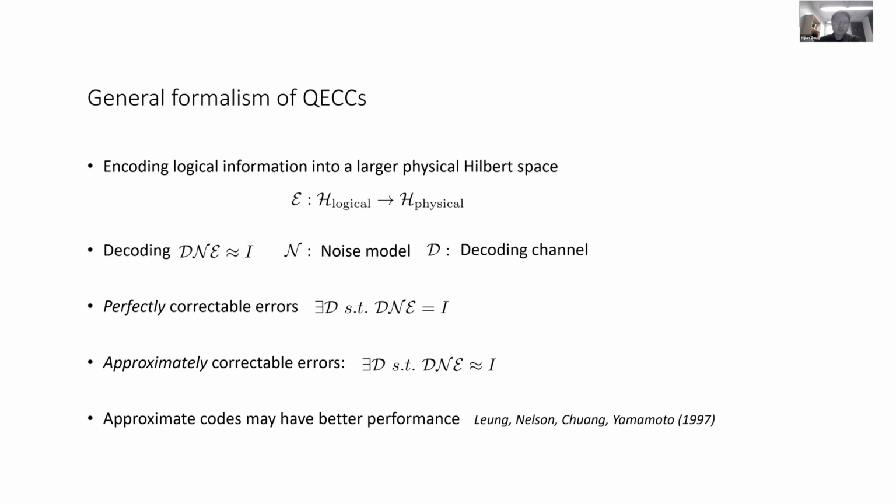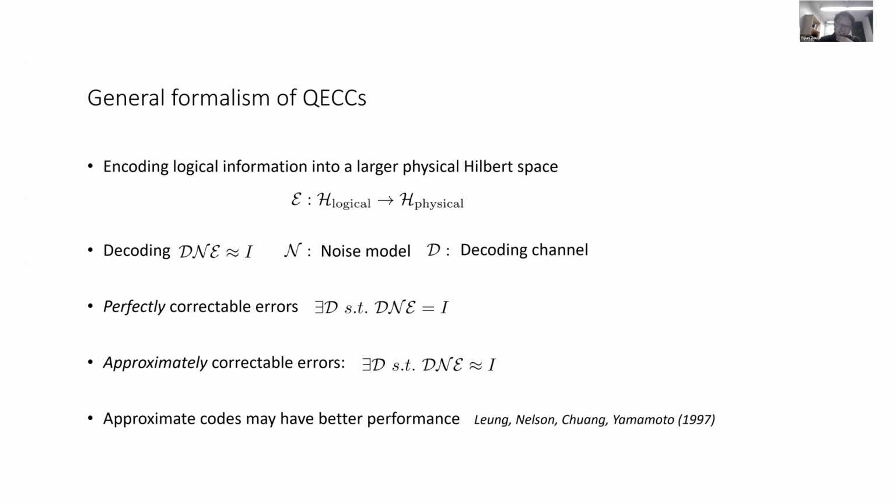And then we want to ask whether there exists some decoding channel that could reverse the noise. We will use N to denote the noise model, which is also a quantum channel. So the decoding procedure is such that when you compose the encoding with noise and with decoding, the composition of these three maps must be close to the identity map. That is, you can retrieve the original logical information.